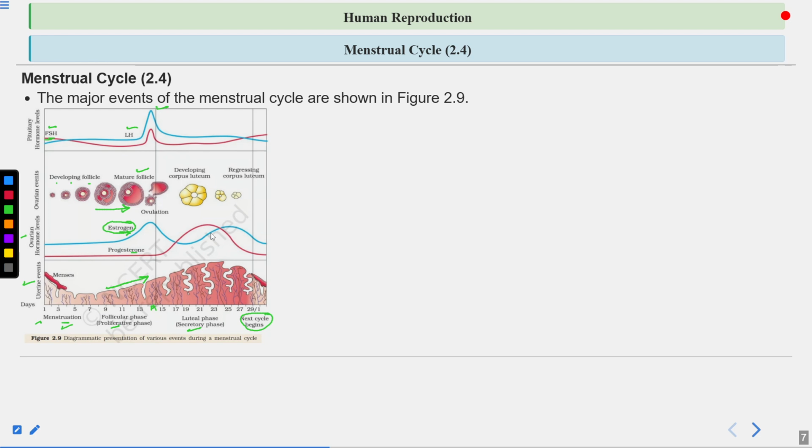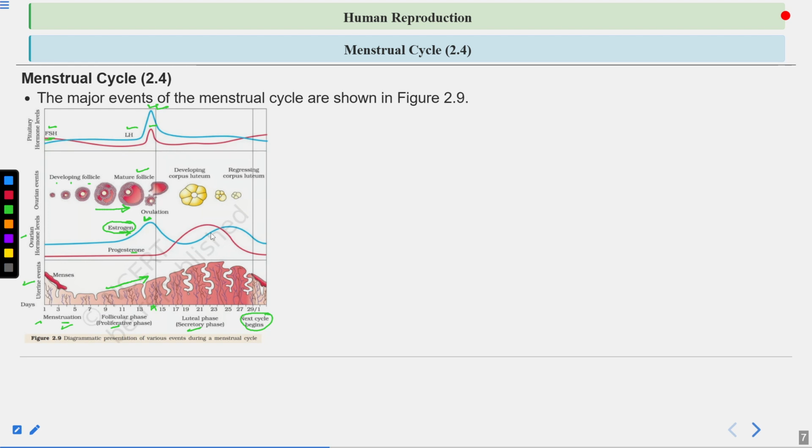And then, when the estrogen level crosses the threshold value, it promotes FSH and LH. Here you can see the estrogen level is maximum. When the estrogen level is high, it will promote FSH and LH release from the anterior pituitary. That's why the level of FSH and LH is maximum here, just before ovulation.